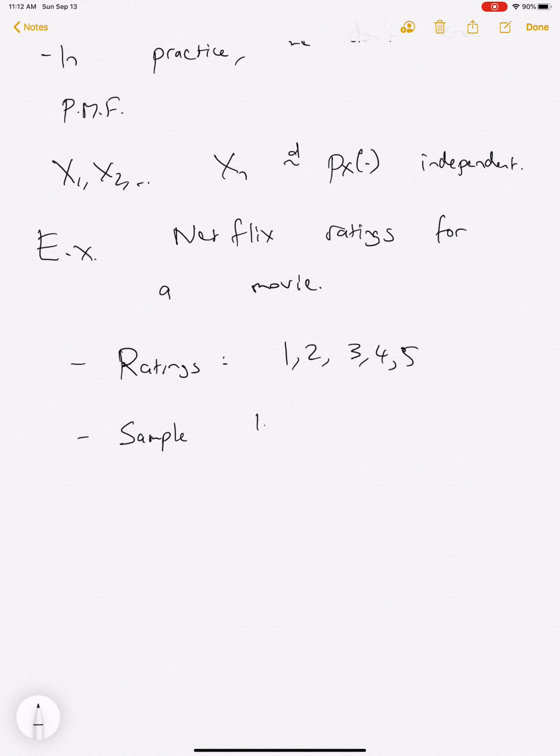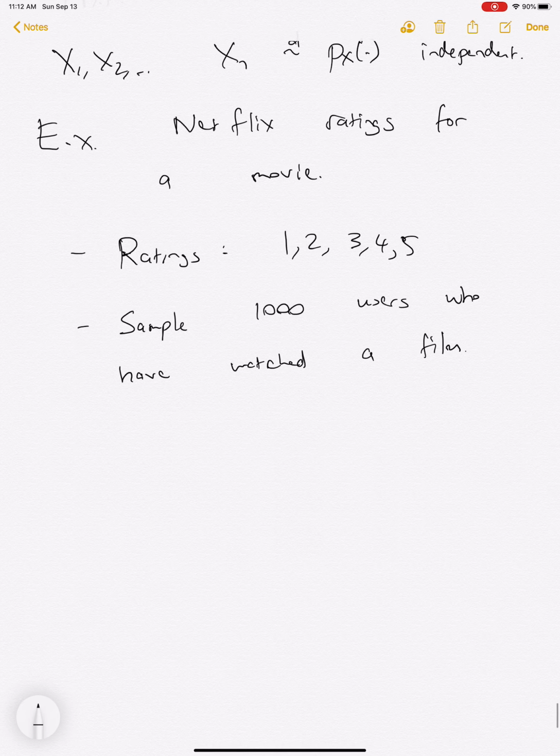So you imagine sampling 1,000 users who have watched a film. So this isn't everyone who's watched the film, but we're going to look at a sample of 1,000 who watched the film, and we're going to assume that they're independent.